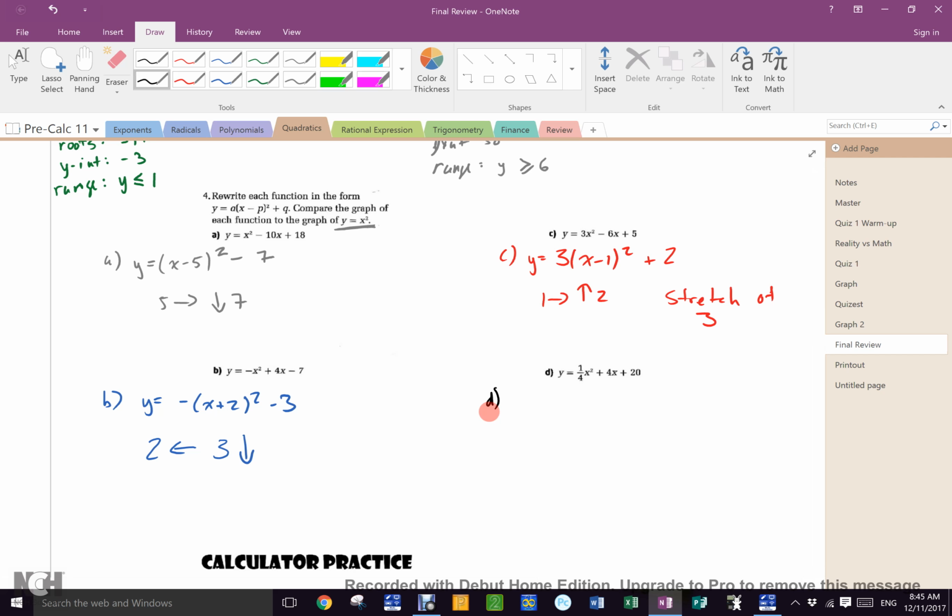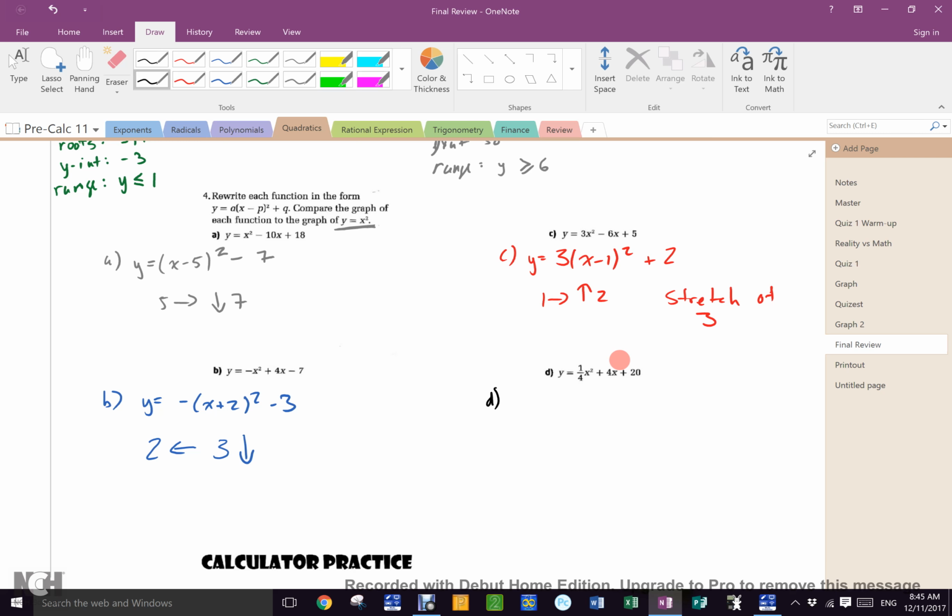If you're going to complete the square, what don't you like about that? You don't like that fraction, so you got to factor it out, right? If I take a quarter out, what do I get there? What is 4 divided by a quarter? No, that's 4 times a quarter.